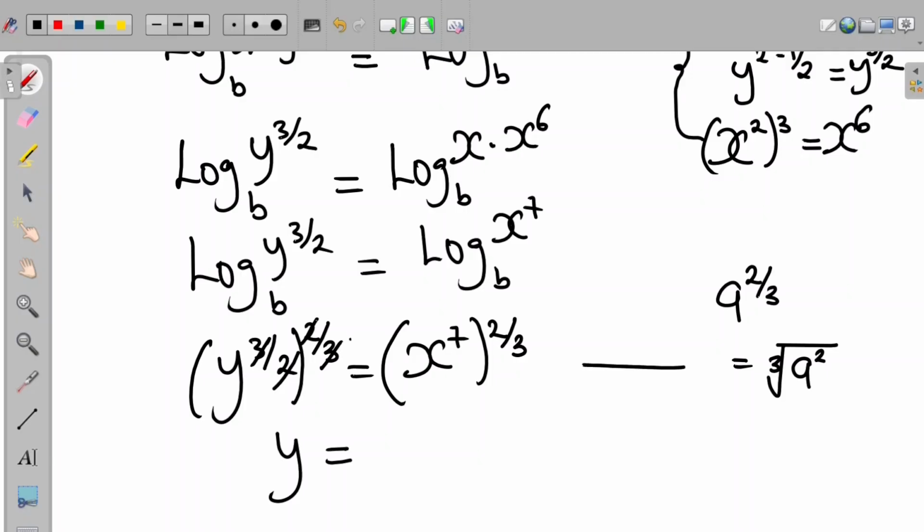So if we apply this, the right-hand side becomes cube root of x raised to the power of 7, all raised to the power of 2. So at this point, we have been able to express y in terms of x.